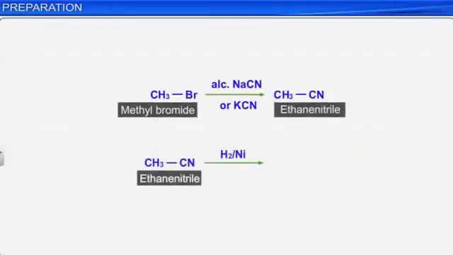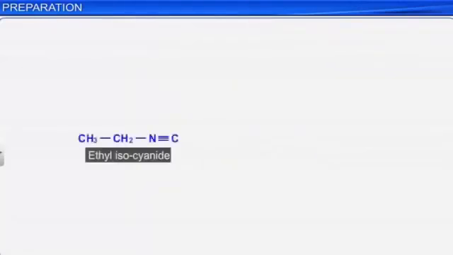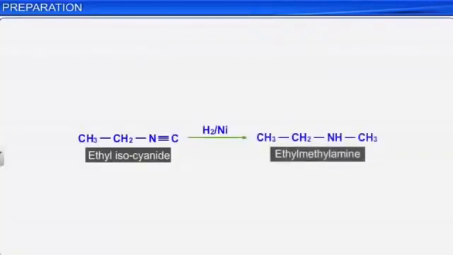The reduction of isonitriles or carbylamines yields secondary amines. For example, ethyl isocyanide on reduction gives ethyl methyl amine, which is a secondary amine. In this method, we get only secondary amines, in which one group is always the methyl group.